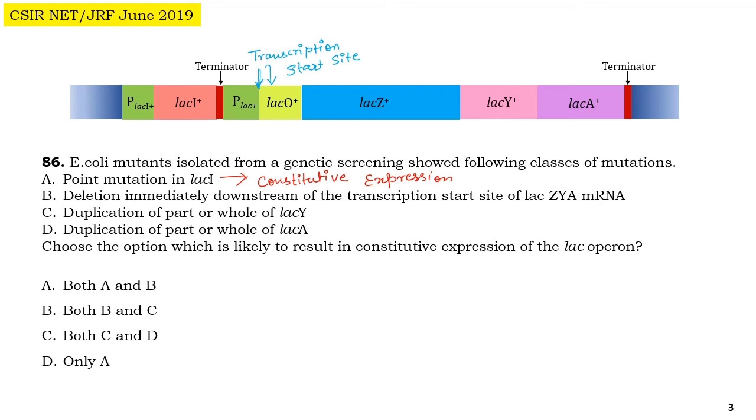So obviously if there are any changes in the operator sequence, this repressor protein won't be able to recognize the operator and it will not bind to the operator sequence. In this condition also there will be no negative regulation and lac-operon genes will express constitutively. Okay, so in case 2 also there will be constitutive expression.